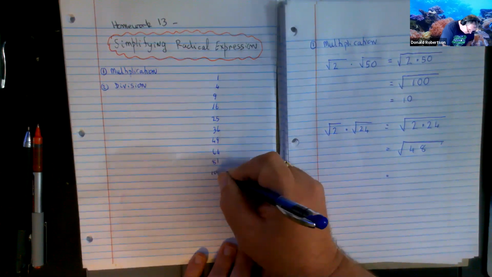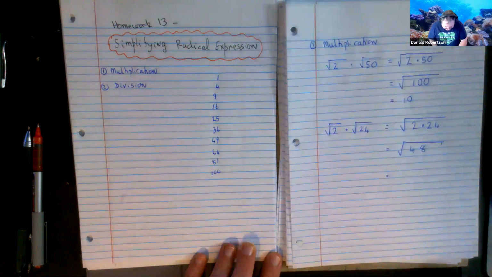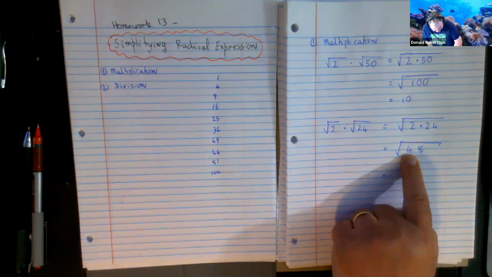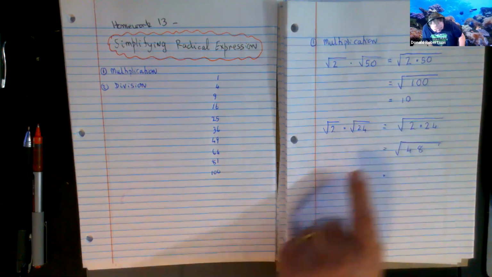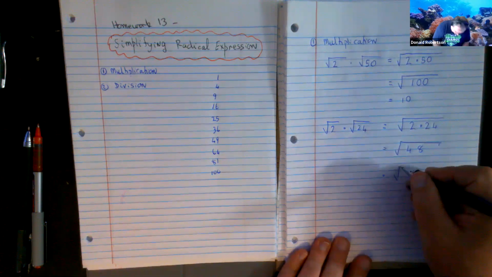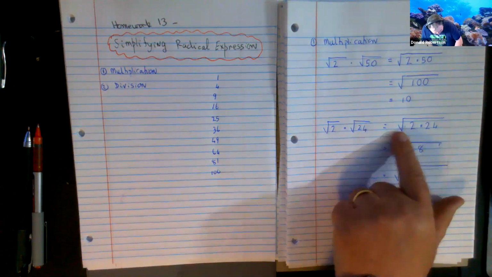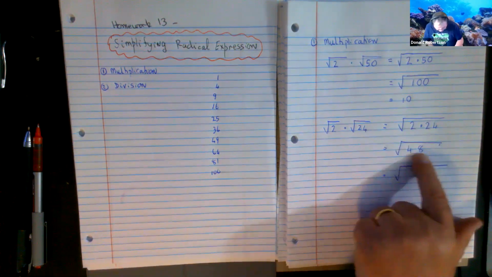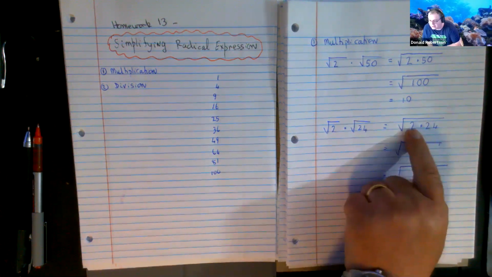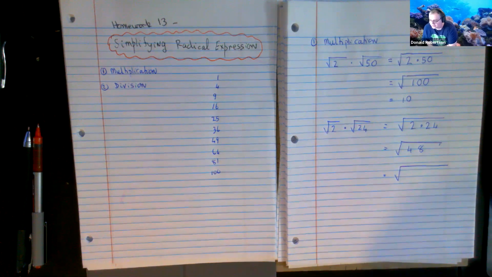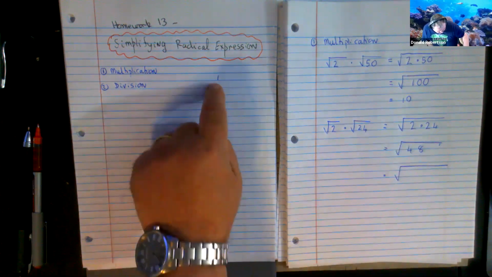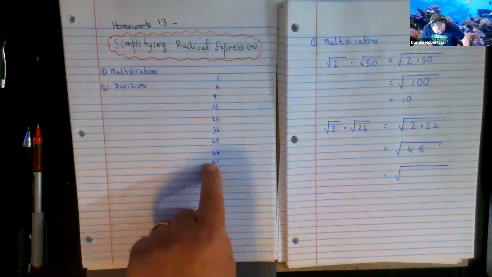These are the perfect square numbers, right? If you want to simplify a number like the square root of 48, and it's not like 100 where there's a perfect answer like that one, the square root of 100 is 10, then after spending all that time putting these together, we're now going to take that 48 and split it apart. But I'm not going to split it apart as 2 times 24, because then I just end up where I started. The trick here is to find a big number from this list times somebody else.